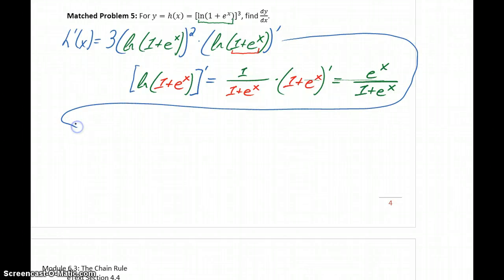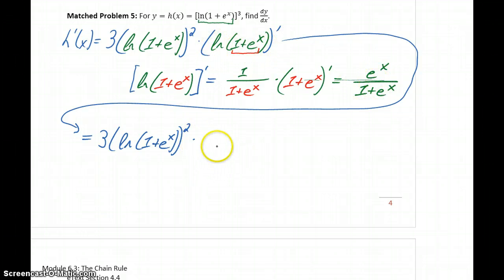So we'll continue with the original problem again. So we have 3 times the natural log of 1 plus e to the x, that quantity squared, times the derivative of this expression, which is e to the x over 1 plus e to the x.